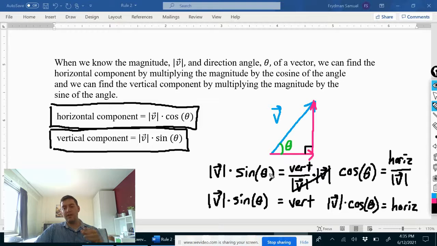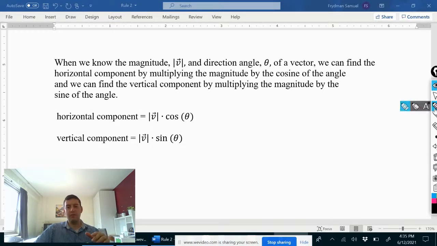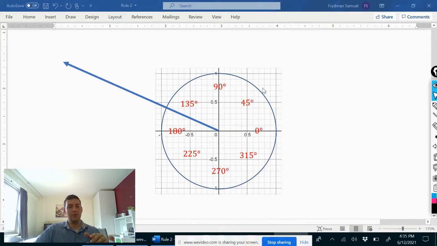So that means that this proof is only applicable when the angle theta is greater than 0 degrees and less than 90 degrees, if you remember back from the trigonometry videos. Whereas the proof that we went through back up here, where we use the unit circle, that is applicable for any angle measure whatsoever.